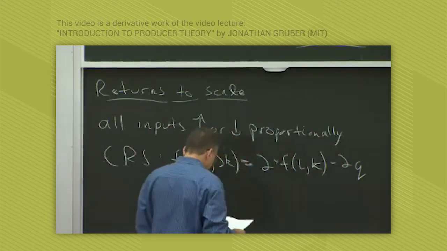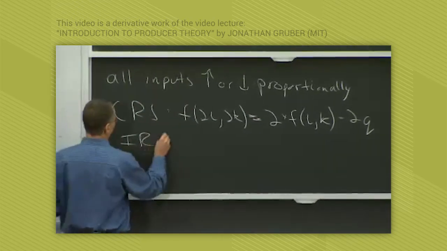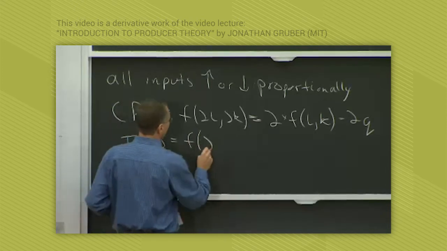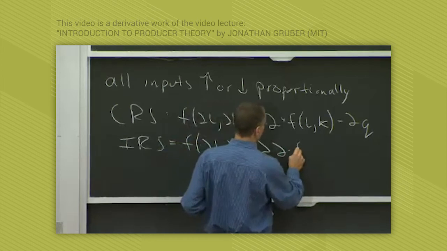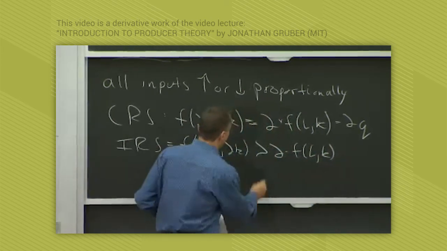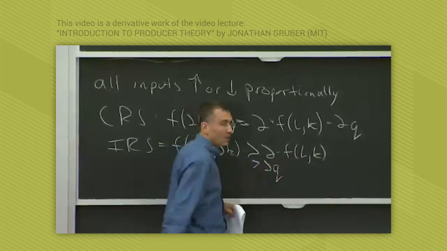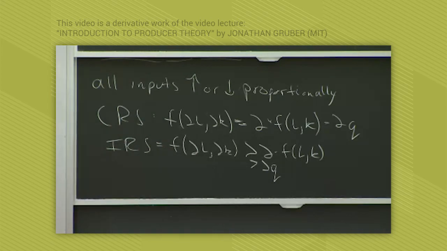We can contrast that with increasing returns to scale, IRS, which says that f of 2L, 2K is greater than 2 times f of L, K, or greater than 2Q. That is, when I double my firm, I produce more than twice as much stuff.